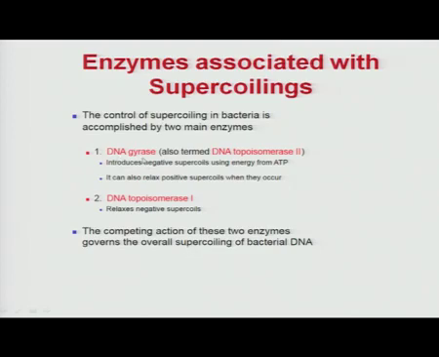One is DNA gyrase, also called DNA topoisomerase 2, which introduces negative supercoils using energy from ATP, and it also relaxes positive supercoils when they occur. DNA topoisomerase 1 relaxes negative supercoils. These are the two enzymes which help in the supercoiling of the bacterial genome.